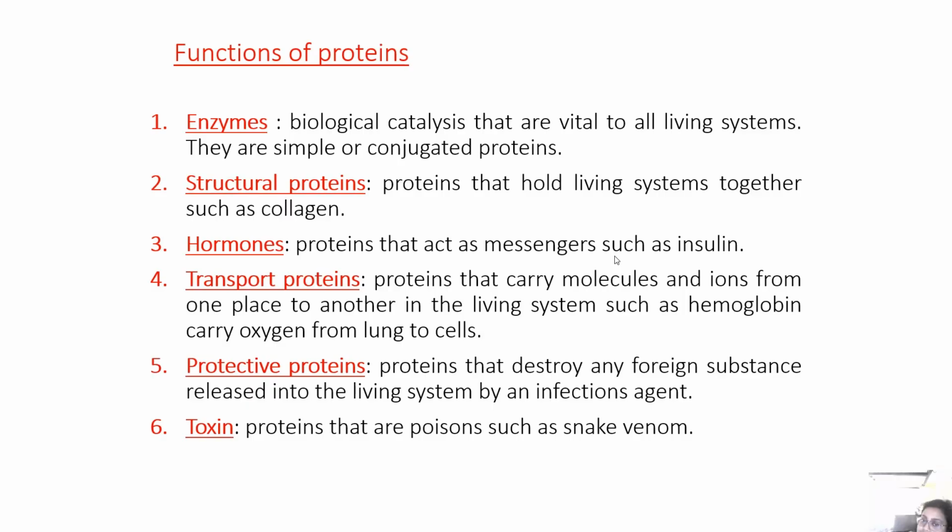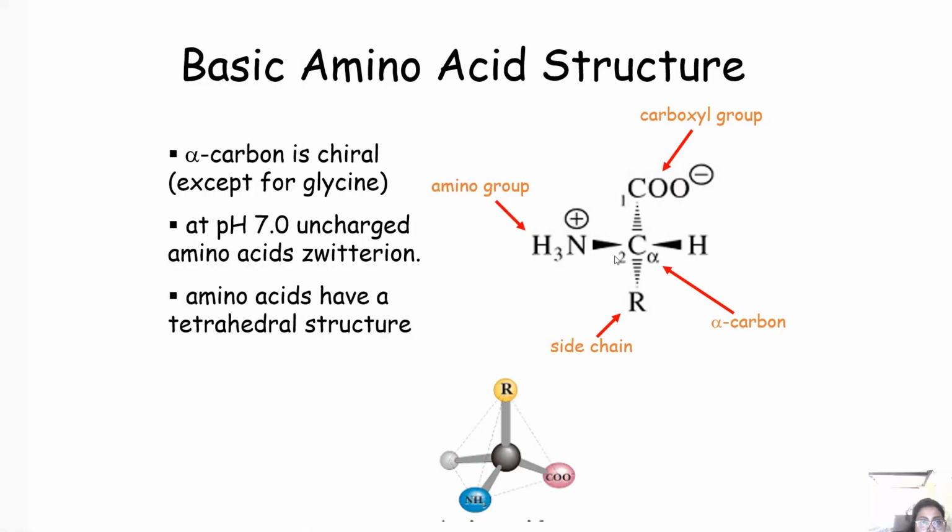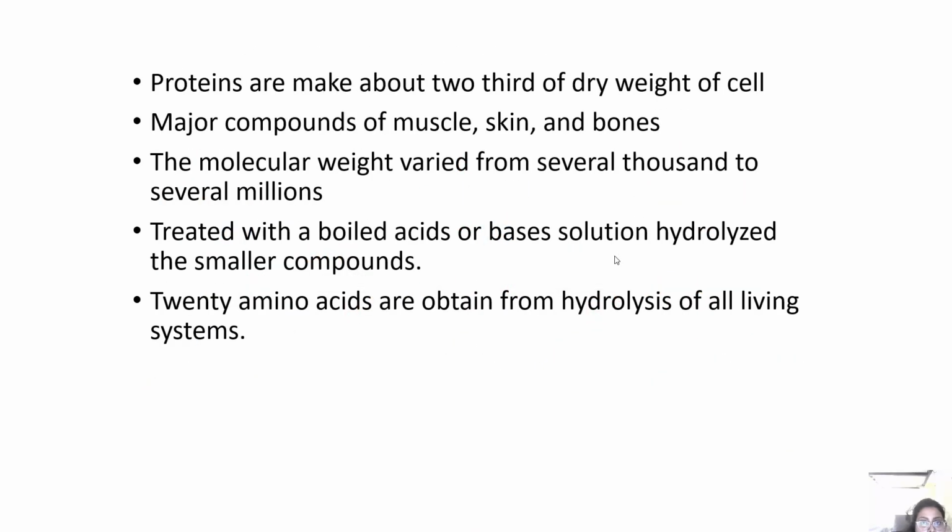Examples and functions of proteins: enzymes, biological catalysts that are vital to all living systems, which are simple or conjugated proteins; proteins that hold living systems together, such as collagen; proteins that act as messengers, such as insulin; proteins that carry molecules and ions from one place to another in the living system, such as hemoglobin; proteins that destroy any foreign substance introduced into the living system by an infectious agent; and proteins that are poisonous. This is a basic amino acid structure. We have discussed all about this.